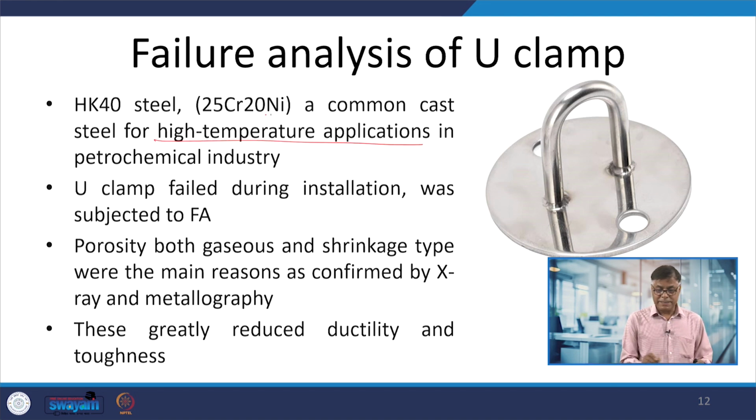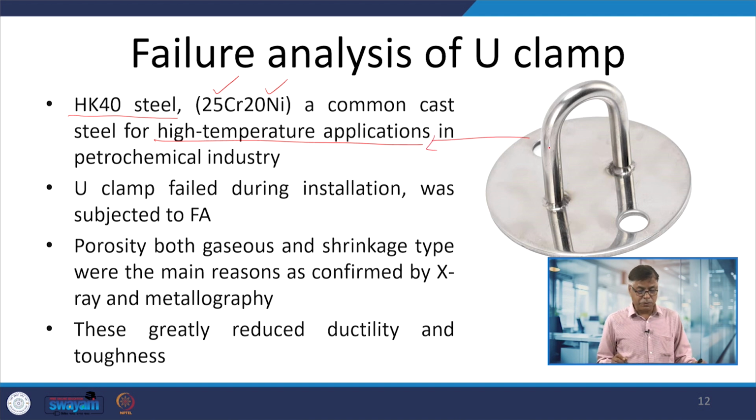This component was made of HK 40 steel, having 25% chromium and 20% nickel, which is a common cast steel used for high temperature applications. In this case it was used for making the U clamp for holding the tubes.